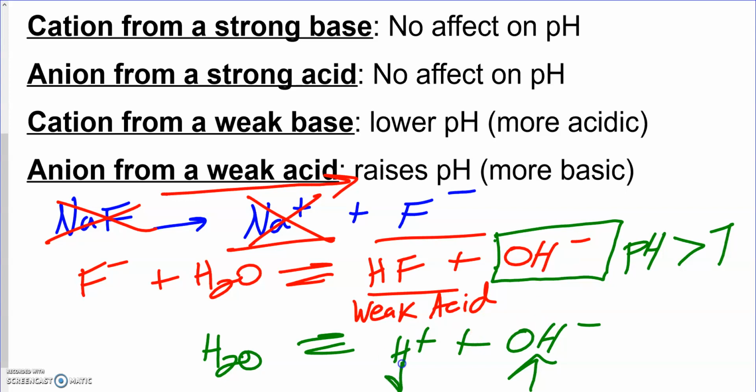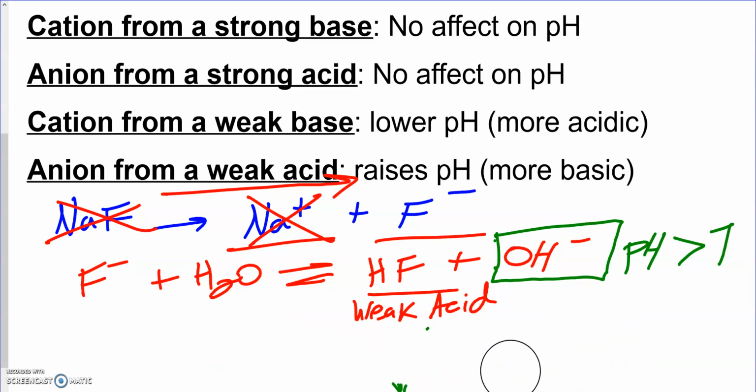So hydrogen ions are decreasing because hydroxide ions are increasing in this equation, and that's what's making the solution basic. Okay, so what does that mean? That means a conjugate base of a weak acid will cause the pH to be more basic. So an anion of a weak acid raises the pH, makes it more basic.